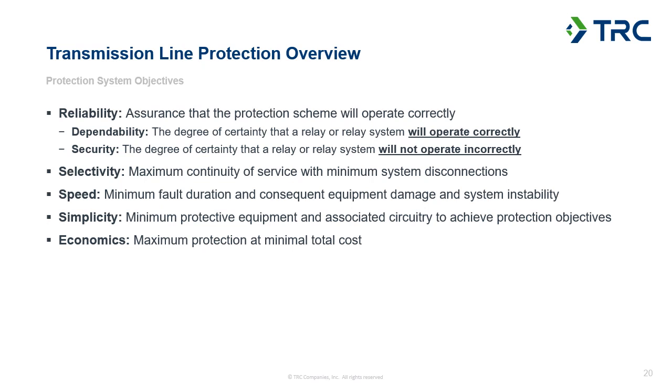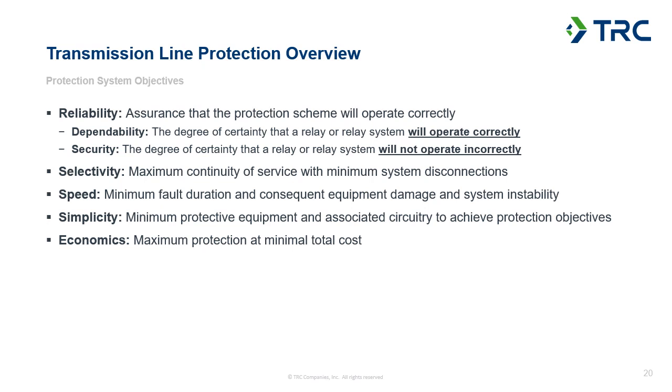There's dependability, which is the degree of certainty that the relay or system will operate correctly when called upon. And then the opposite of that is security, which is the degree of certainty that the relay will not operate incorrectly when it's not supposed to operate.